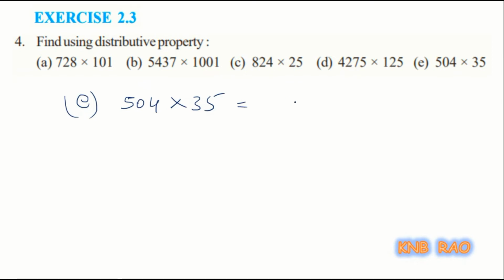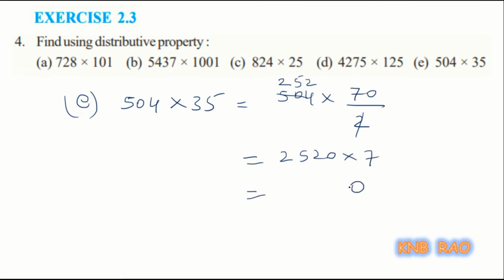So this can be done 504 into 70 upon 2. By writing this way, 2 cancels with this, 2 2s are 4, 2 5s are 10 and 2 2s are 4. So now it becomes just like 2520 multiplied by 7.